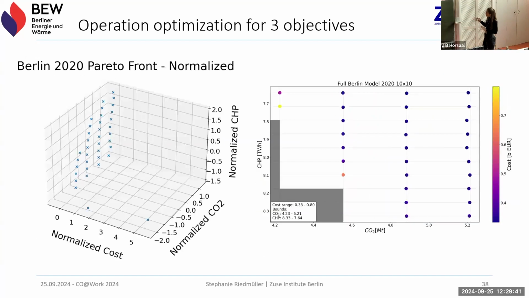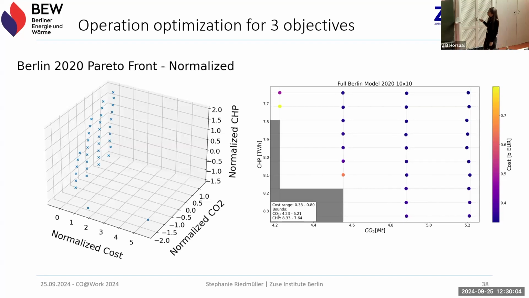You see two different visualizations of the same result, depending on which you find easier to read. On the left-hand side is a plot of the solutions we got as before, and on the right-hand side you have CO2 emissions on the x-axis, CHP on the y-axis, and in color the cost.